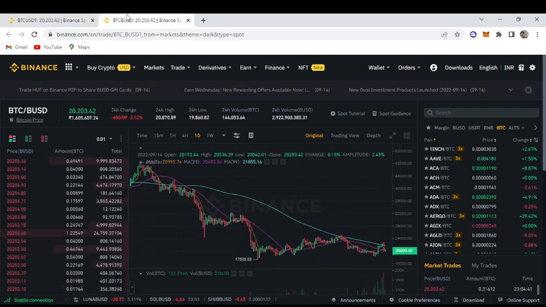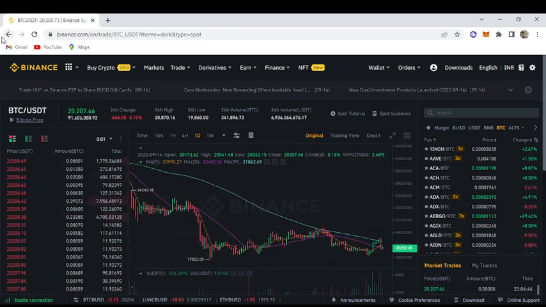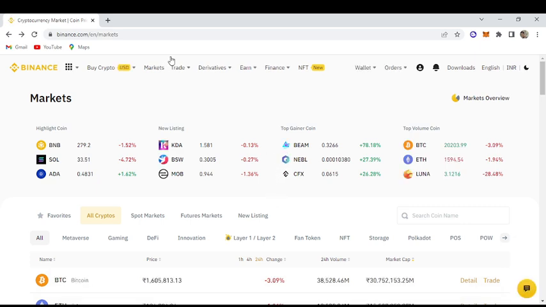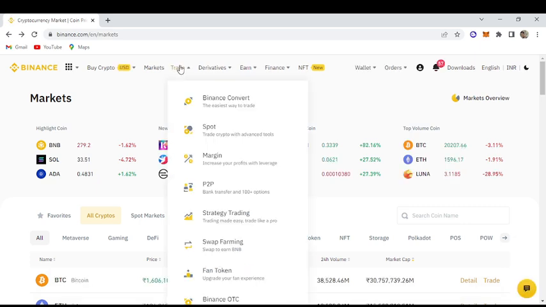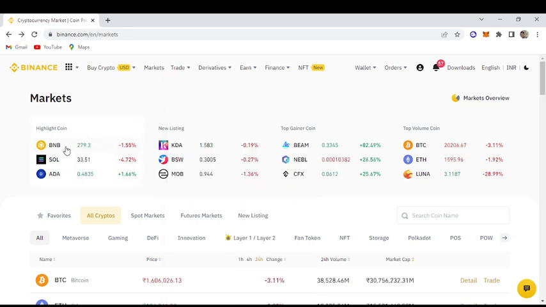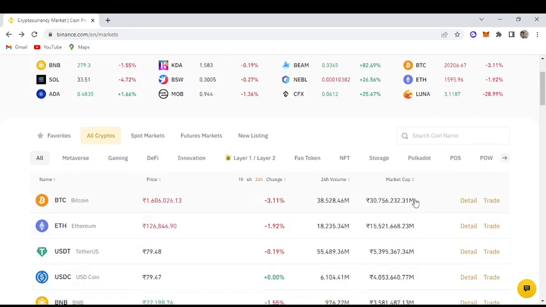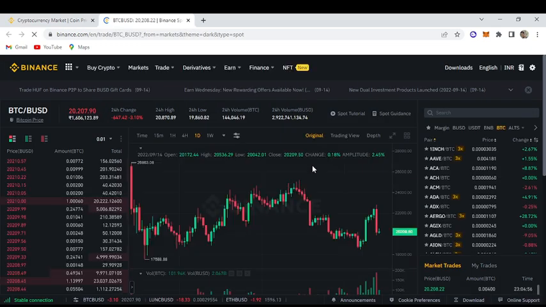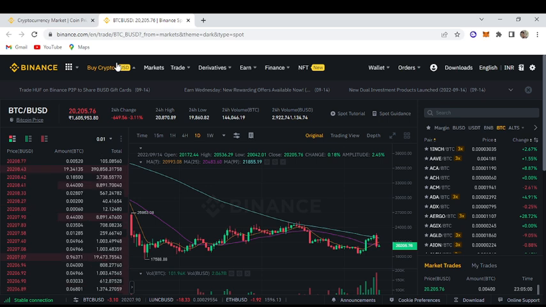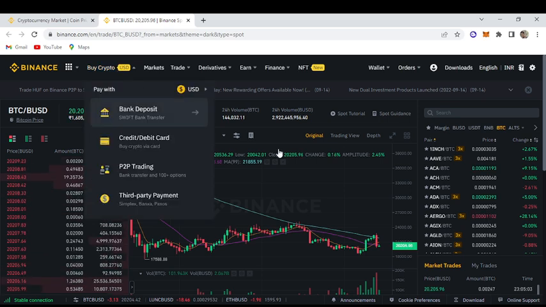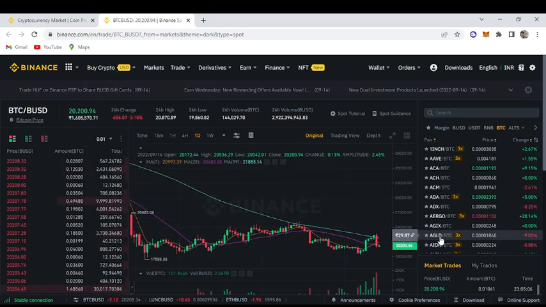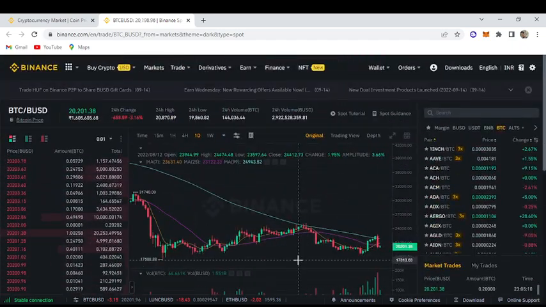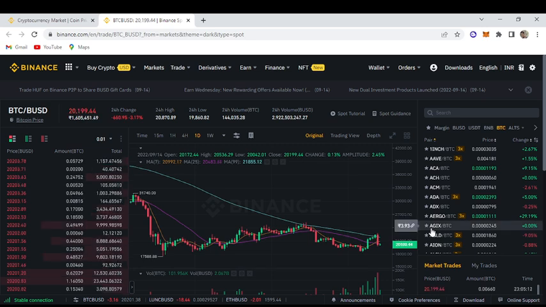Wait a second, let me just cross check. I'm not too much used to the website. I basically do trading with the mobile, so of course there'll be some option. Just check it. Trade.